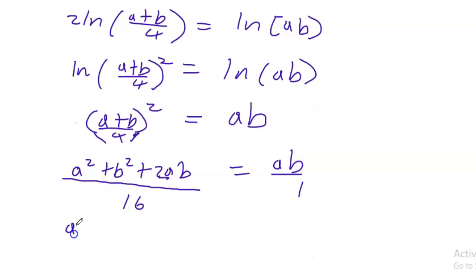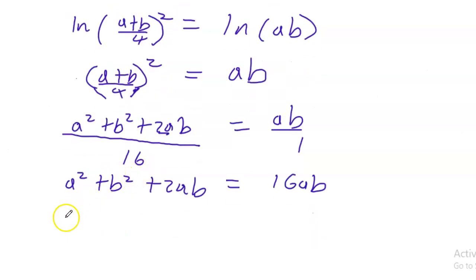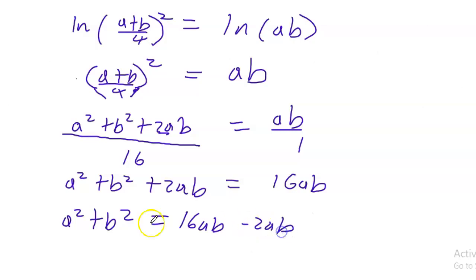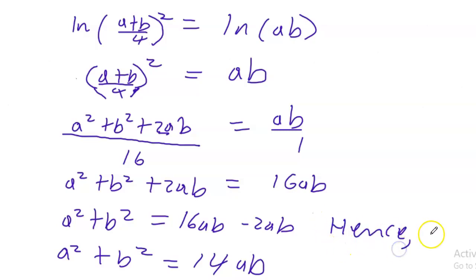We end up with a squared plus b squared plus 2ab is equal to 16ab. And of course we can subtract 2ab from both sides, so we'll end up with a squared plus b squared equals 16ab minus 2ab, which means that a squared plus b squared is equal to 14ab. And hence proven quite easily.